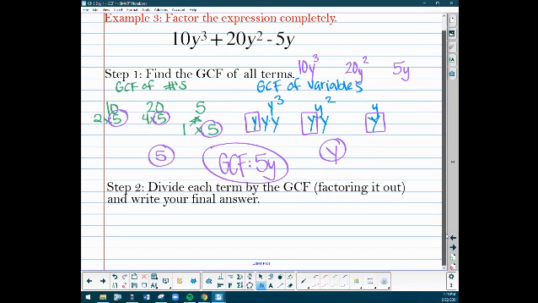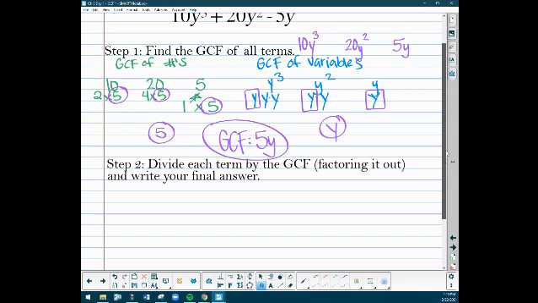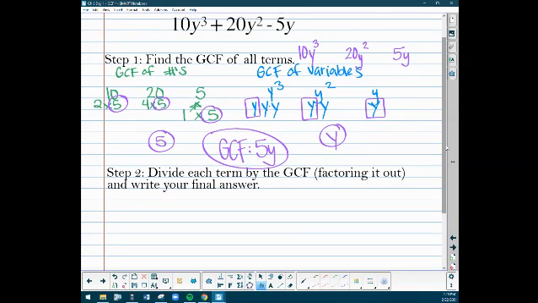Now I want to write my final answer nice and neat. I have to divide each term by the GCF. So I start by writing the GCF on the outside, 5y. Okay, then each term is going to be found by taking the previous term, 10y to the third, and dividing it by 5y.